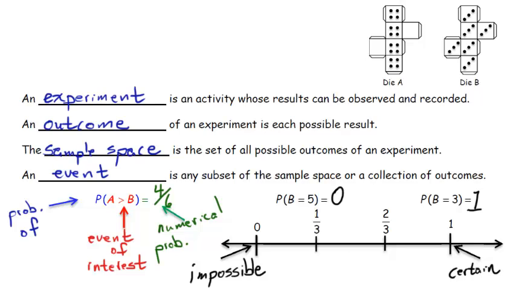So if you look here, as these probabilities get closer and closer to 1, they become more likely. So a probability close to 1, so 0.99, that would be almost certain. A probability of 0.001 would be very unlikely.